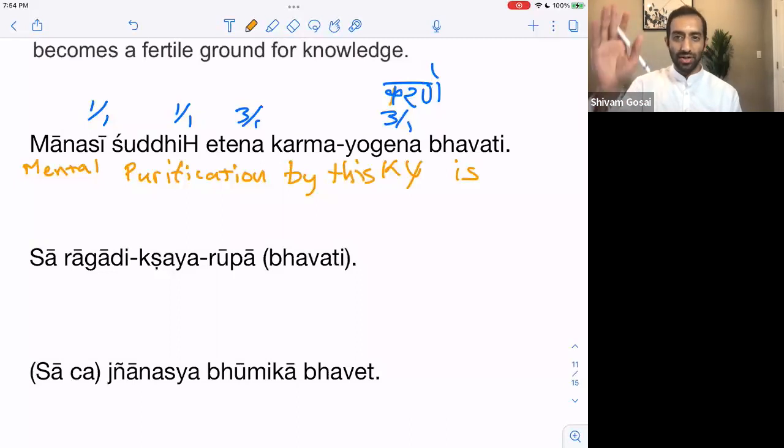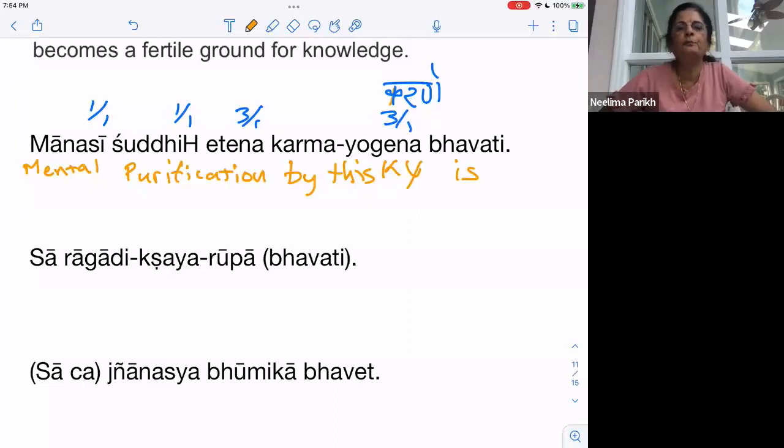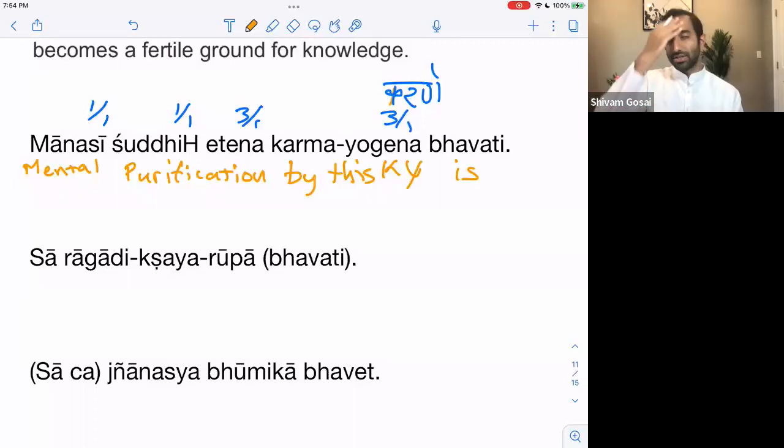Does anybody want to guess? You can raise your hand and I can unmute you. Neelimaji, you want to unmute yourself? I thought we could use both etad and tad. Yeah, we can use both. So I'm saying, why do you think the author here, instead of putting tad, that, instead of saying tena, put etena?